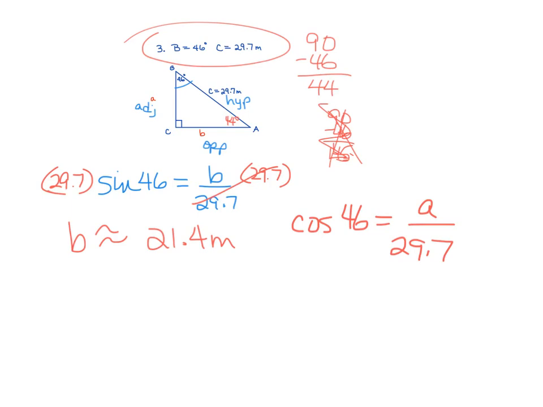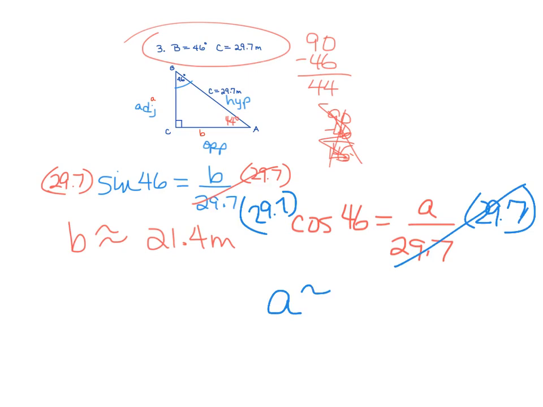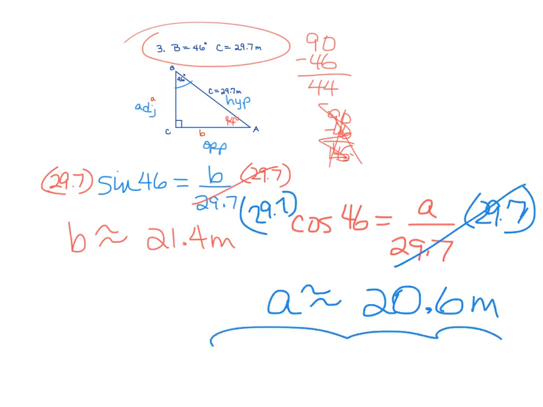Again, I need to multiply both sides by 29.7 to get that out of the denominator and isolate A. And then I'm left with A is approximately equal to 20.6 meters. And again, double check. You can re-add your three angles. They need to add to 180. You can also do Pythagorean theorem to make sure that A squared plus B squared does equal C squared.